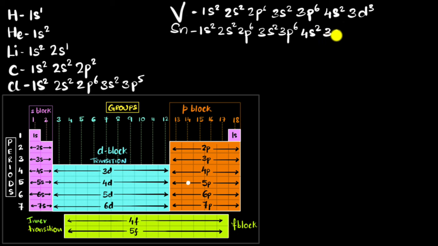So 3d10. Then we have 4p6. Then we go to 5s2. Then we have 4d10. And finally 5p2. If we add these all up, we should get 50. And if you check that, we'll get 50.